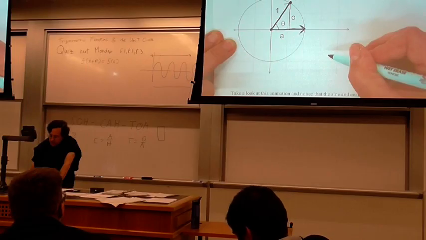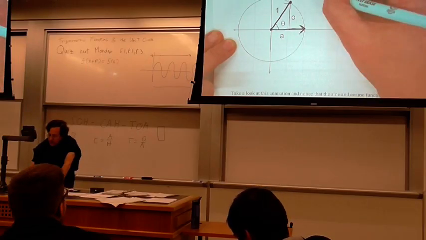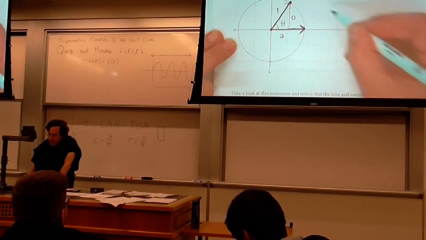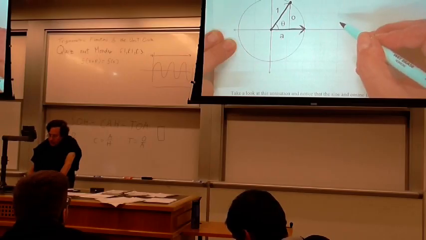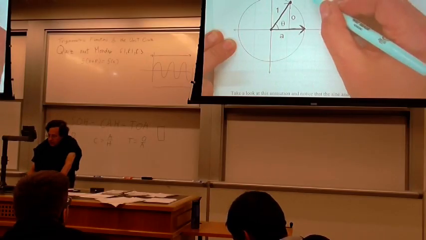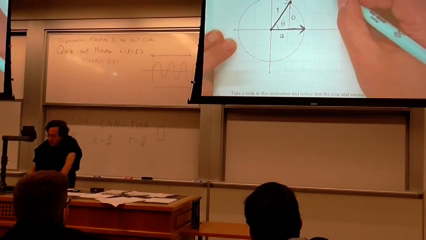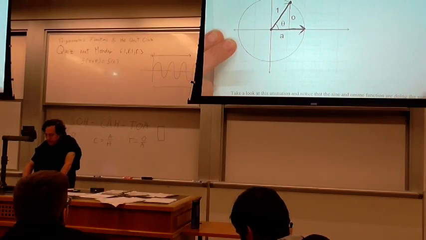And we define the sine and the cosine in terms of the coordinates of that point. The cosine is the x-coordinate, and the sine is the y-coordinate.